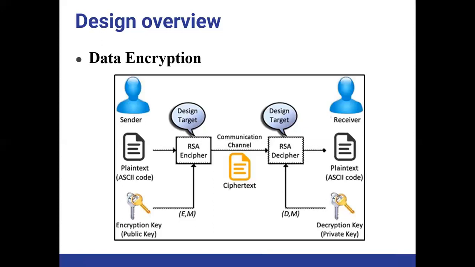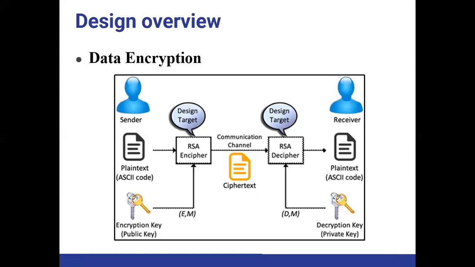So whenever the sender wants to send data to the receiver, it has to encrypt the data using the public key of the receiver. The only one who can decrypt this encrypted message is the receiver, since he is the only one who has the private key in order to decrypt the data which he received.